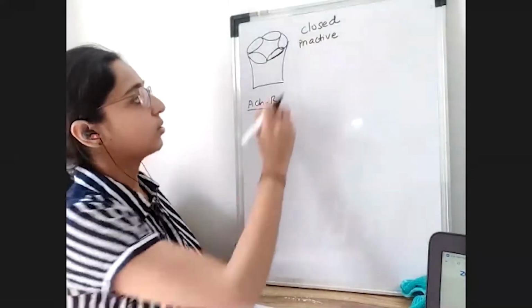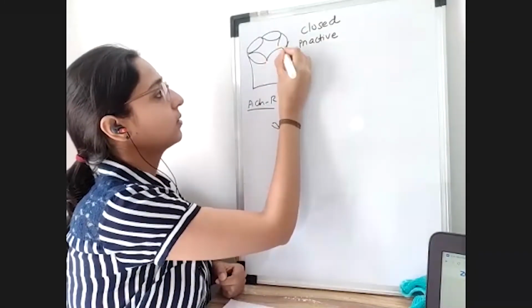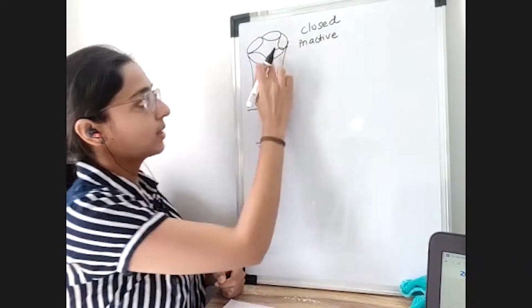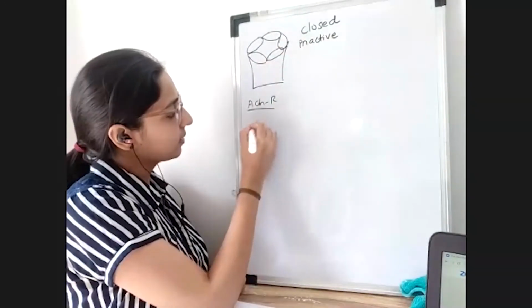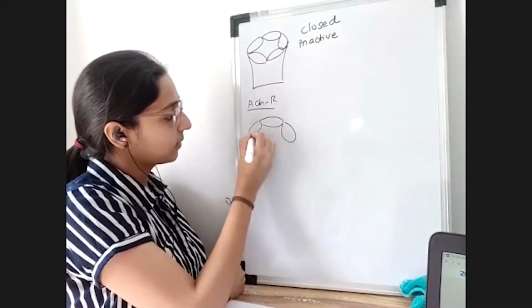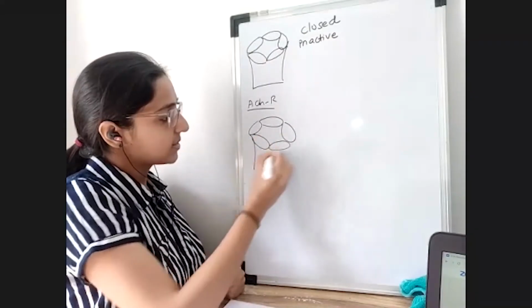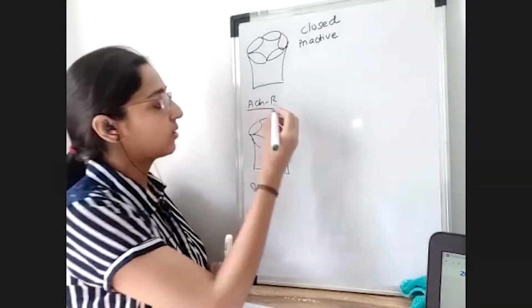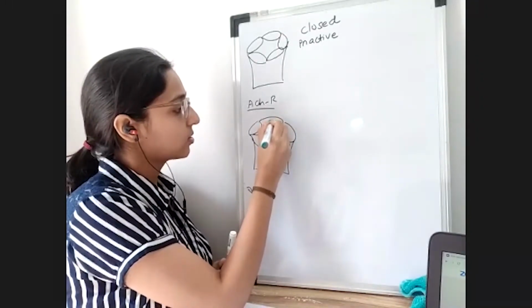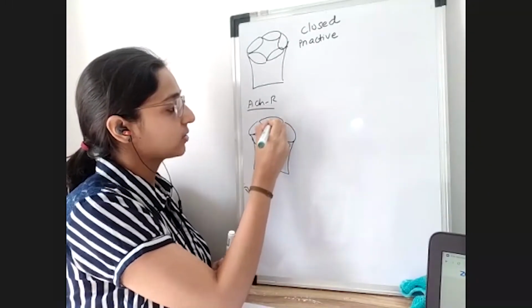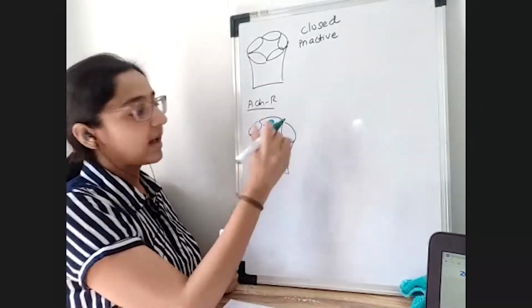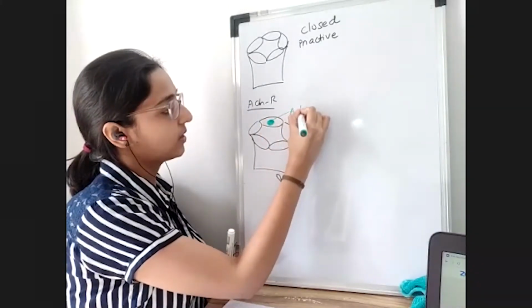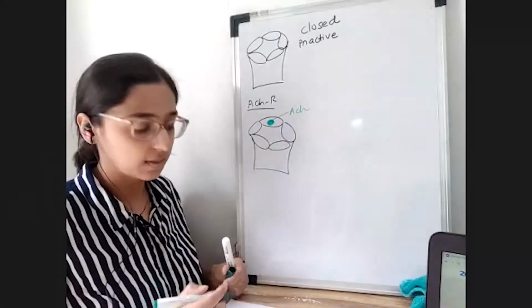Now suppose this is the receptor. I'm drawing another one. And now what has happened is that one molecule of acetylcholine has arrived, and it has come and attached to this alpha subunit. So this is the alpha subunit, and the acetylcholine molecule has bound to that alpha subunit.